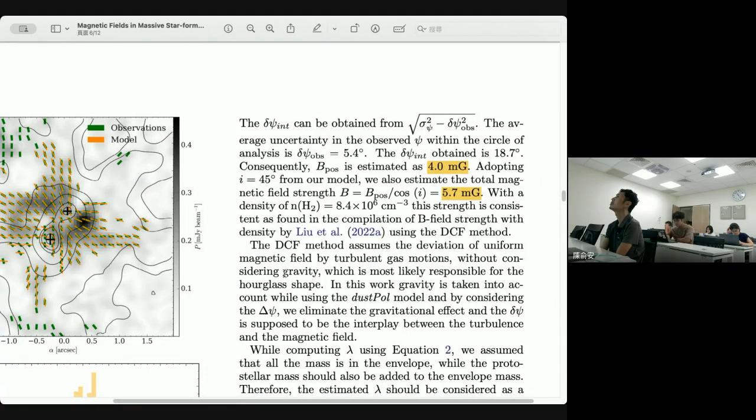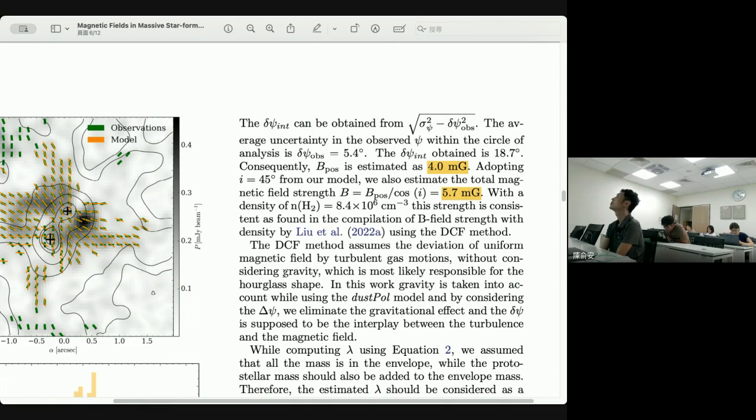So the plane of sky magnetic field strength is 4.0 milligauss, and the total one is 5.7 milligauss, which is quite strong. And they also estimate the mass to flux ratio, which is about 1.63, and the turbulence to magnetic energy ratio is 0.66. So the result is that the magnetic field toward G333 is quite strong, but it still could not prevent the fragmentation and eventually the star formation.